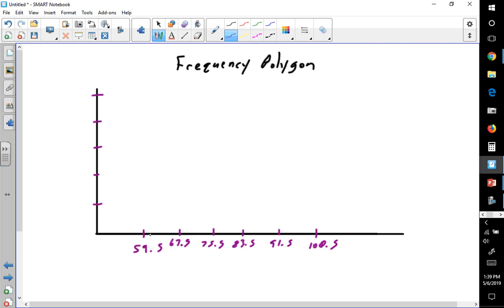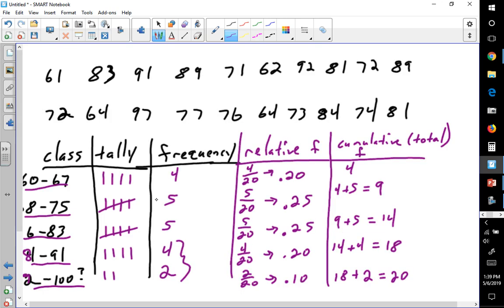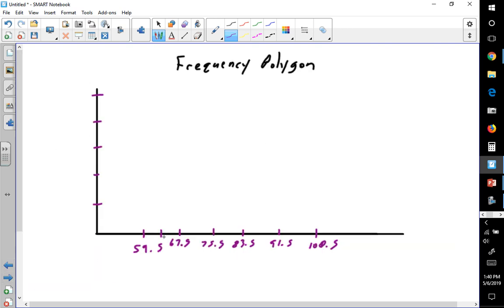So after we had gotten through the first category, and if I remember this correctly, often they put it actually at the midpoint instead of the edge, but we can do it either way. We'll do it at the midpoint. In the first category, it has a frequency of 1, 2, 3, 4.